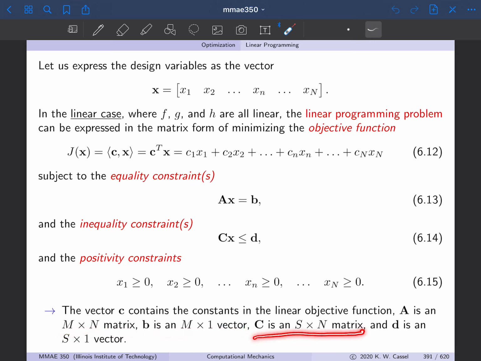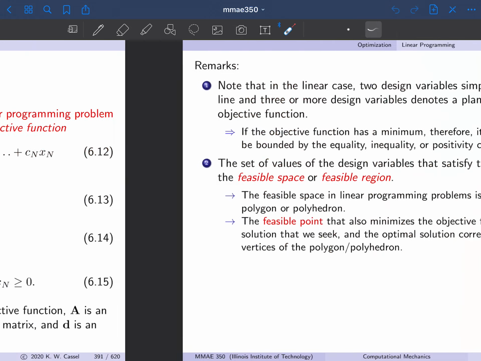And C, the matrix C, is an S by N matrix. And D is an S by 1 vector. So if you go through all the sizes in terms of matrix multiplication rules, everything hangs together just fine with those matrix and vector sizes.